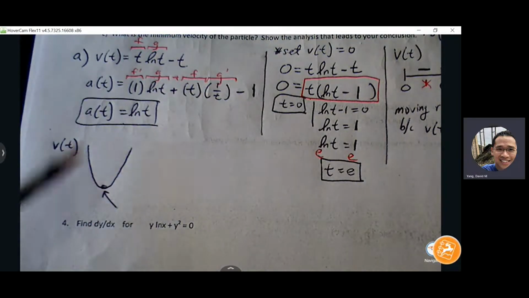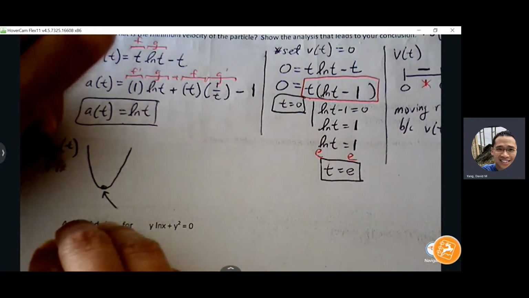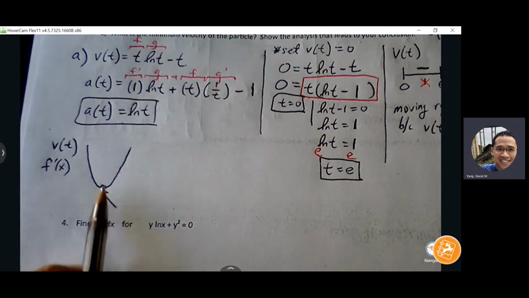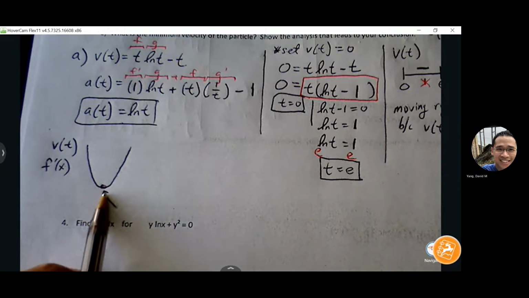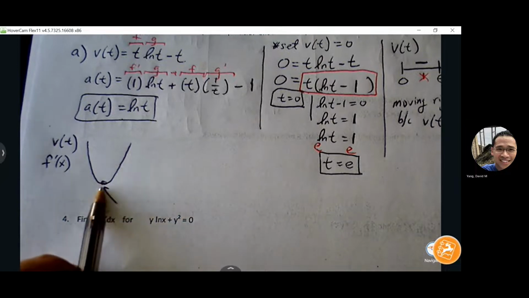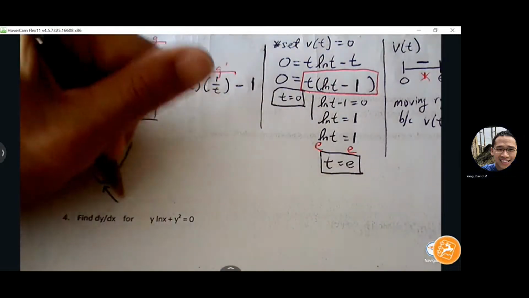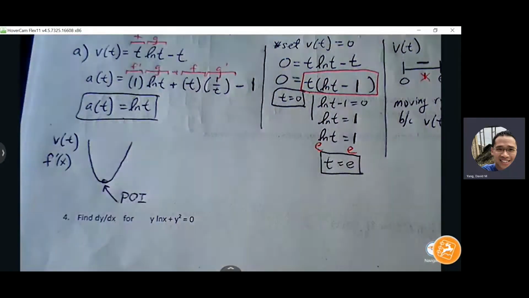But if this is a derivative graph, the velocity graph is the same thing as the derivative graph, f prime, right? If you saw a valley or minimum of an f prime graph, what does that mean to you from an original function standpoint? That's a point of inflection, right? The peaks and valleys of your derivative graph are the points of inflection of your original graph.